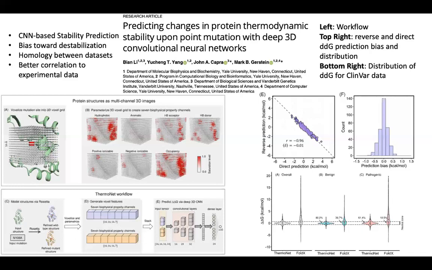Using a biophysical model of protein evolution that suggested a fitness decrease with increasing deviation from optimal stability within a neutral zone, as shown in the bottom figure, a neutral zone of 1 kilocal per mole, around 0 kilocal per mole, they examined an experimental data set called ClinVar, including benign and pathogenic mutations.